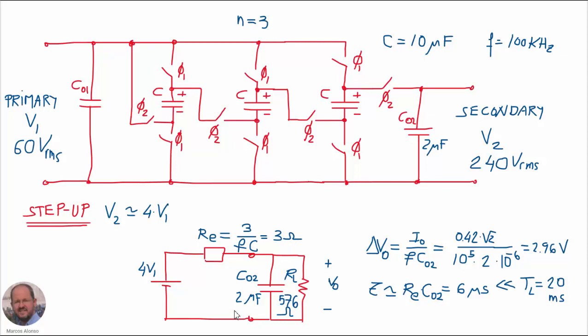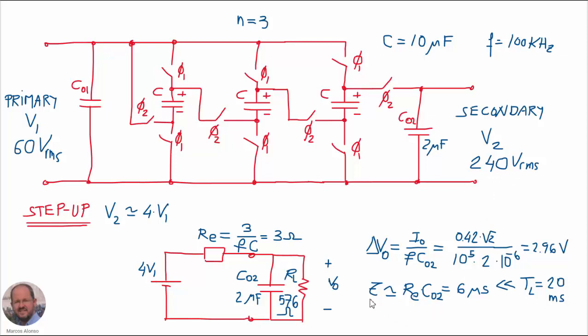And then we have selected a value of this capacitor here on this side of the converter equal to 2 microfarads. Why? Because in this case the peak-to-peak voltage that we are going to have when the output current is maximum is going to be 2.96 volts, which is something like 1% of the output voltage, so this seems reasonable.